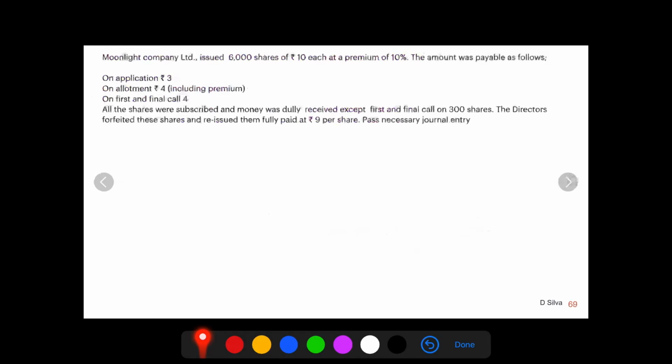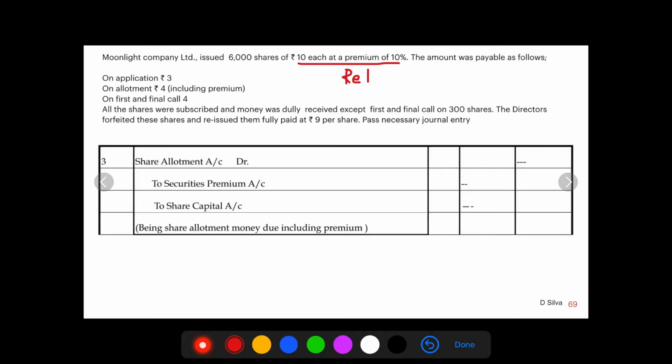Coming to the third journal entry, which includes premium. So while explaining the question, I have said how do you exactly calculate the premium? So premium we have calculated as 1 rupee. So hence the journal entry will be share allotment account debit to securities premium account and share capital account. So on allotment, it is 4 rupees per share.